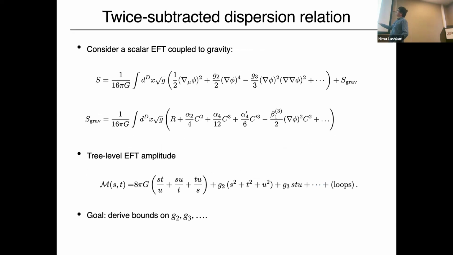In the gravitational part, you can also have some non-minimal coupling between the scalars and graviton. The amplitude of four scalar scattering at tree level is given by this, where the first term comes from the graviton exchange, and then you have some contact terms g2, g3 coming from these two terms in the Lagrangian.